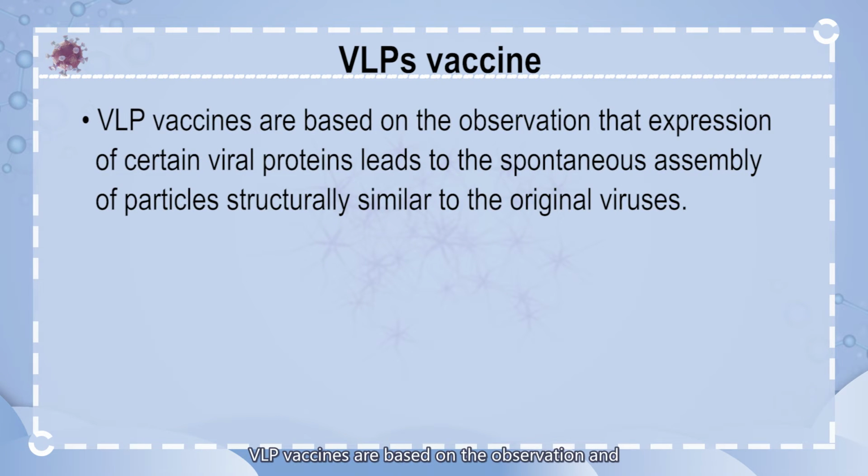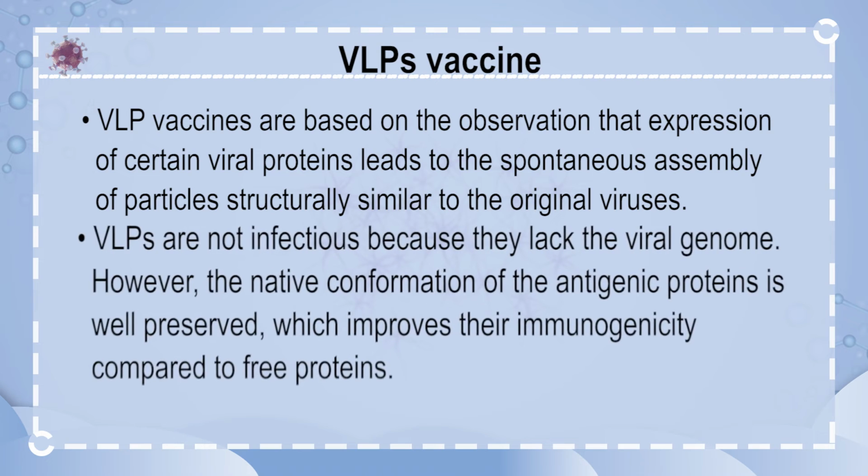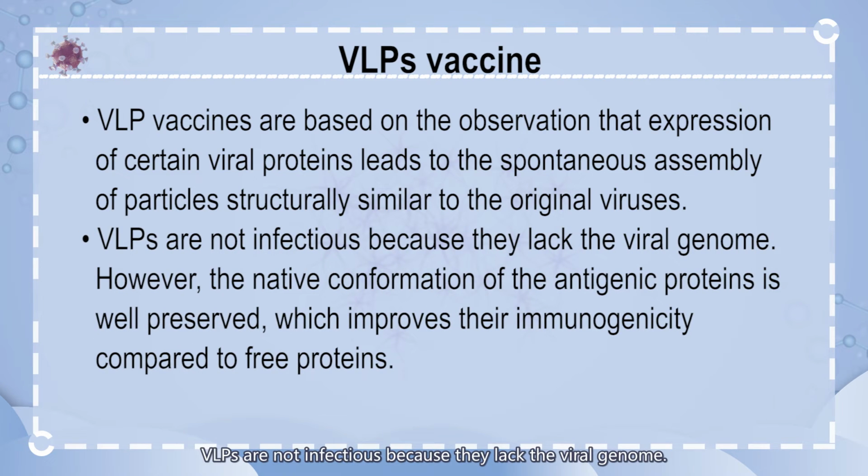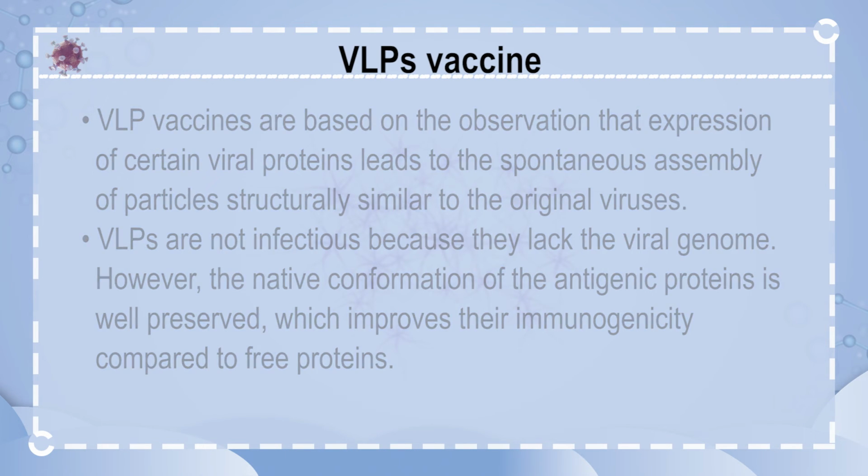The third subunit vaccine is the VLP vaccine. VLP vaccines are based on the observation that expression of a certain viral protein leads to spontaneous assembly of particles structurally similar to the original virus. VLPs are not infectious because they lack the viral genome. However, the native conformation of the antigenic proteins is well preserved, which improves their immunogenicity compared to the free proteins.